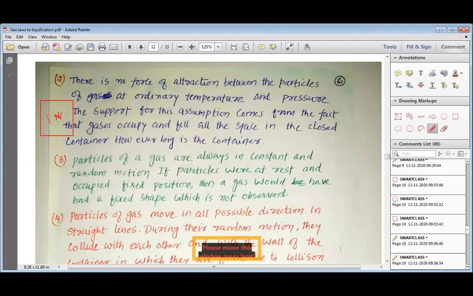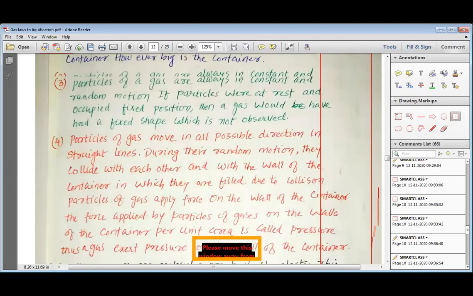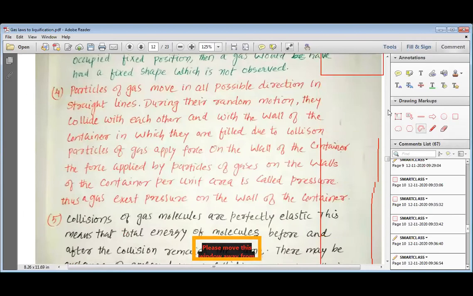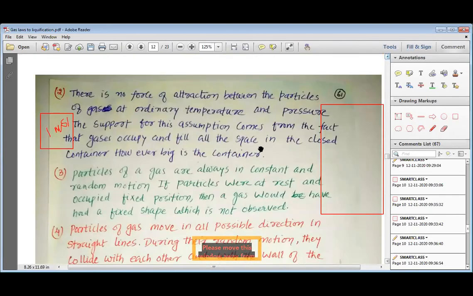In the same way, if you take a bigger container and fill the same 1 mole of gas into this bigger container, you will realize that this 1 mole of gas has volume V1 over here, which is equal to this container.